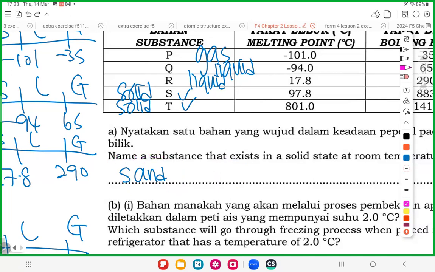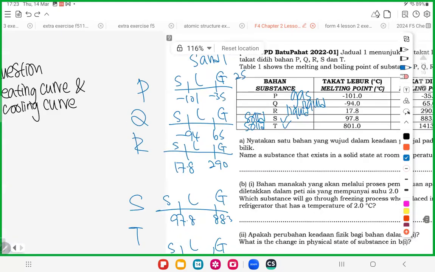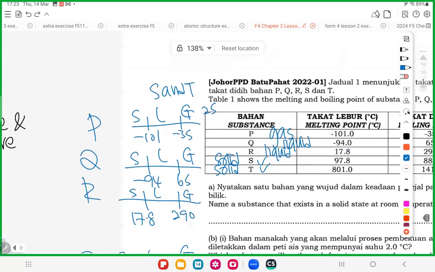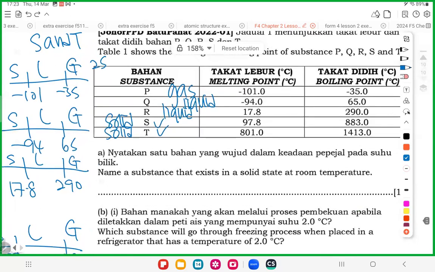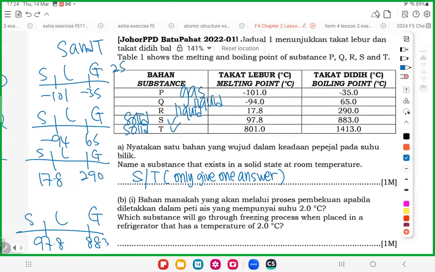Your answer is S and T, correct, but you can only answer one of them. So your answer must be S or T. Only give one answer. You really need to know the instruction of the question. They say a substance. Don't give 2 answers, please. You can answer S, you can answer T, no problem.